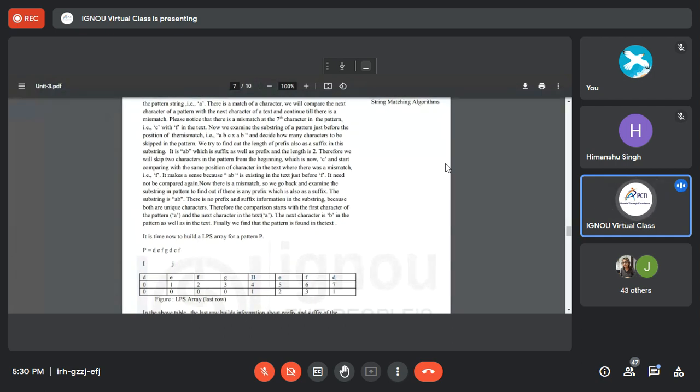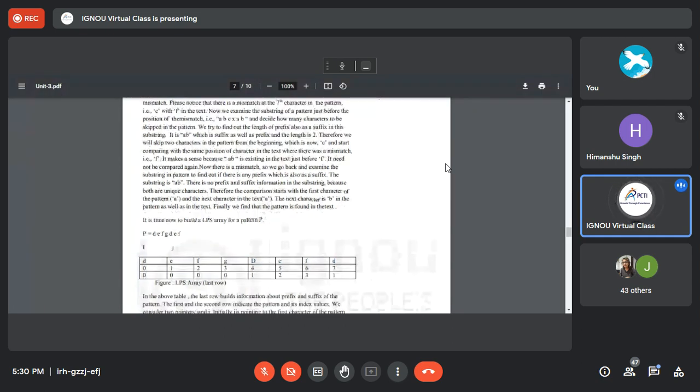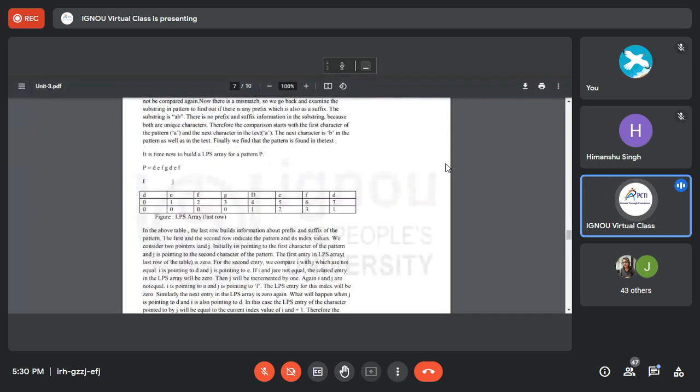You will write the array for the pattern here. How many times does the following pattern come? If there is D in the pattern and there is D in the text, you will write 0 there. If there is E in the pattern but not in the text, you will write 1. How many times do the following strings appear?